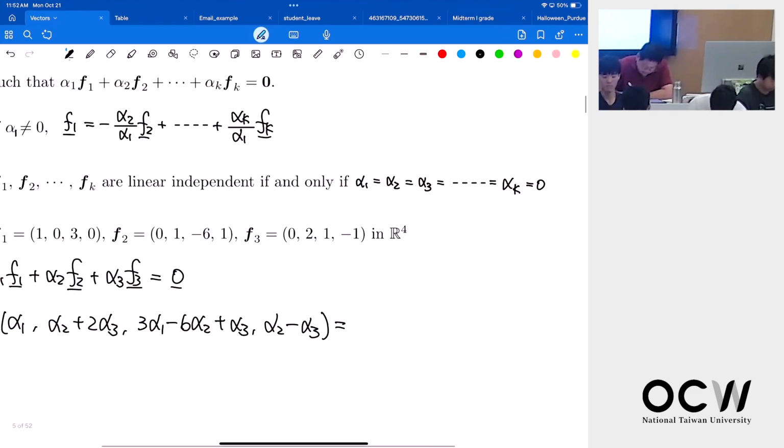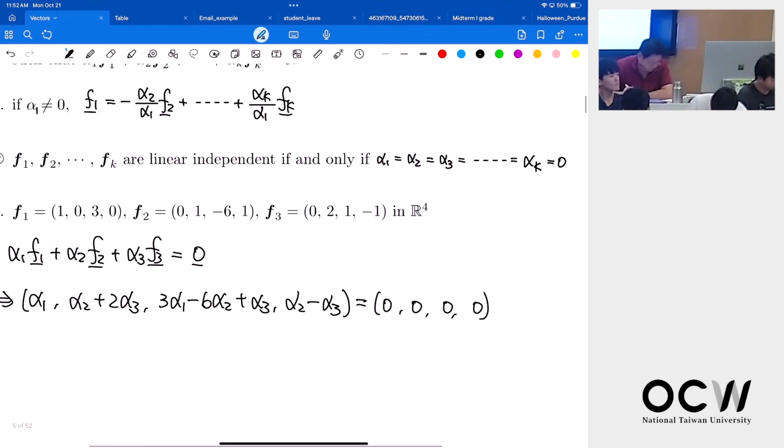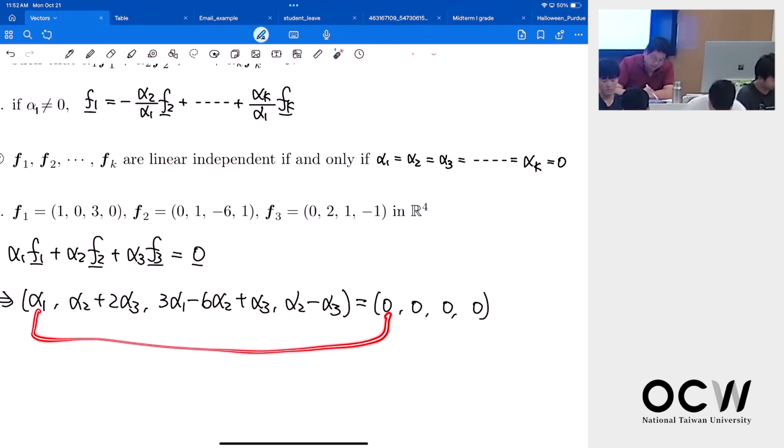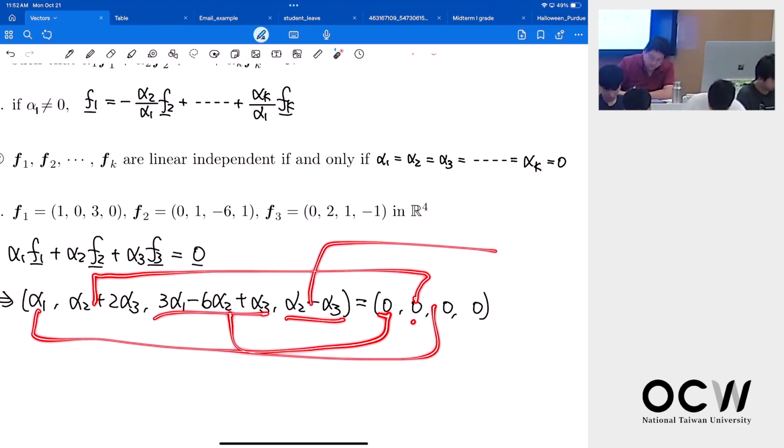The right hand side should be the 0 vector, so 0, 0, 0, 0. Then you can compare. Alpha 1 should be 0. Alpha 2 plus 2 alpha 3 should be 0. And here 0. Alpha 2 minus alpha 3 should be 0.